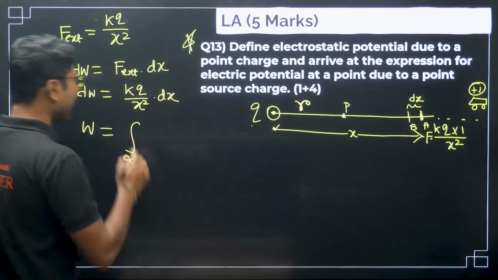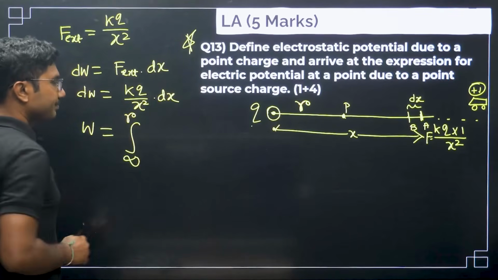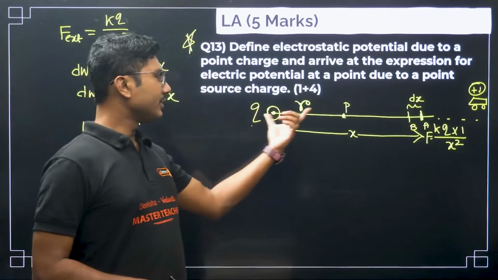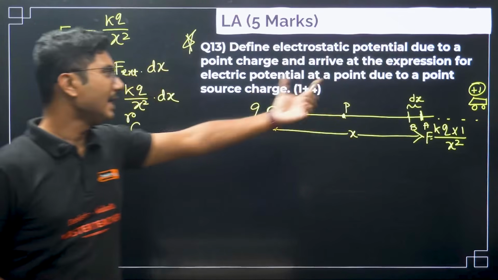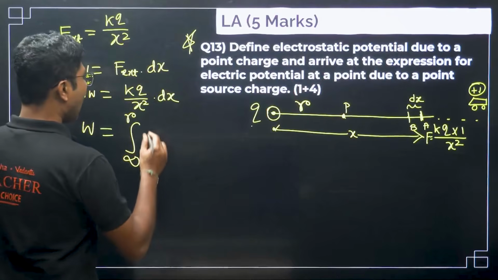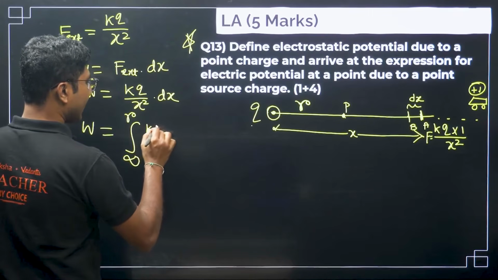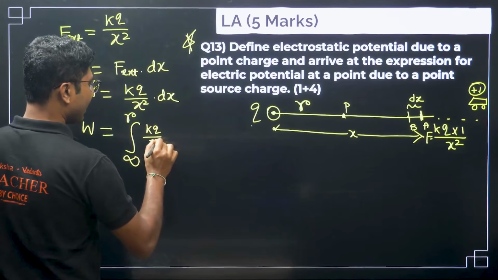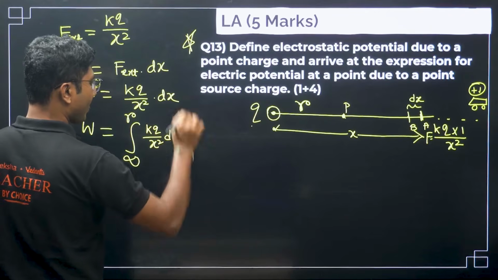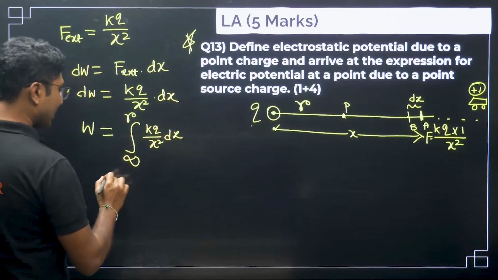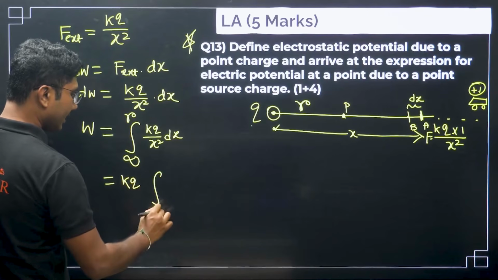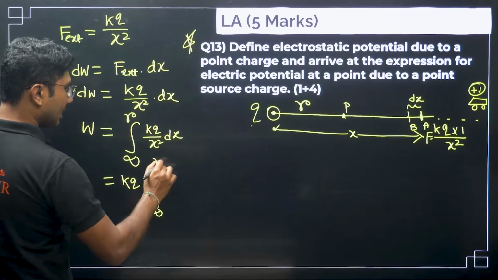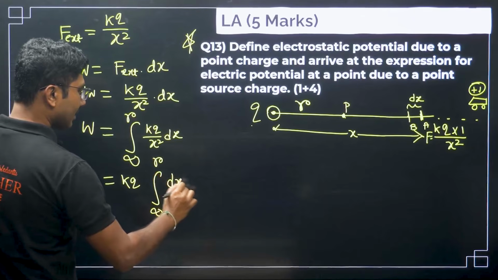P is at a distance R. The distance initially was infinity and finally the distance is R. So let's put that kq by x square dx. Definitely k and q are constant, so kq comes out, integral from infinity to r of dx by x square.